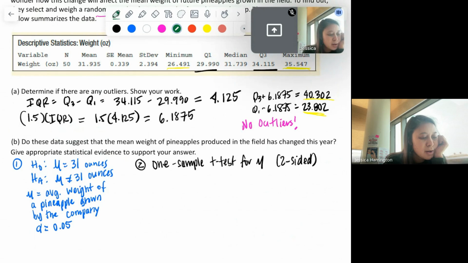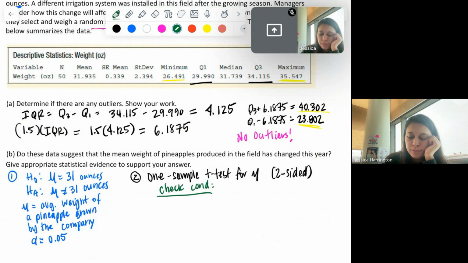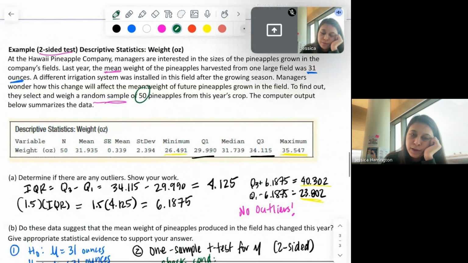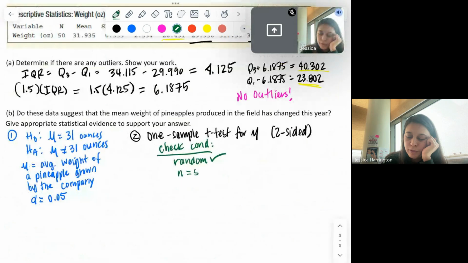What do we need? We need, oh, let's check our conditions first. So I already underlined that it's random. So let's check conditions. Random. Check. Okay. Normal. This one's easy because I think we have more than 30. 50. Okay. So since the sample n equals 50, which is greater than or equal to 30, by CLT, we can do a normal, approximately normal, right?